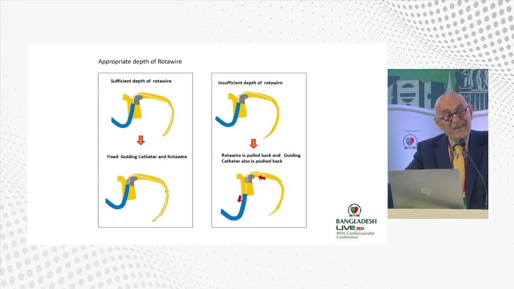Then the appropriate depth of the rota wire is important because it gives more support when the wire is deep. Insufficient depth of the rota wire will cause the pullback of the wire and the rota burr, as well as the guiding catheter being pushed back, and this can complicate the procedure.